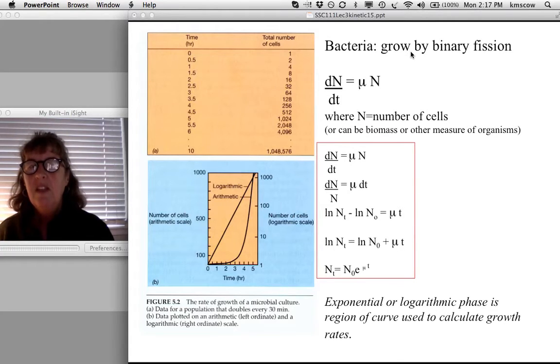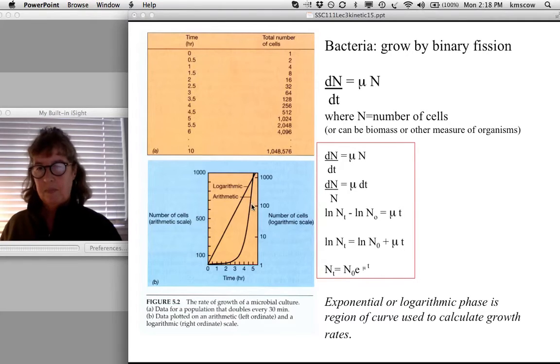That means an individual cell will grow up to a certain size and then split into two daughters, and then those two daughters will split into two daughters each, and you get this pattern of exponential growth because of this binary fission, where you start out with one cell at the beginning, and what you have is an increasingly faster rate of appearance of new cells over time, till you get to 10 hours, and that one cell is now 1,000,000 cells.